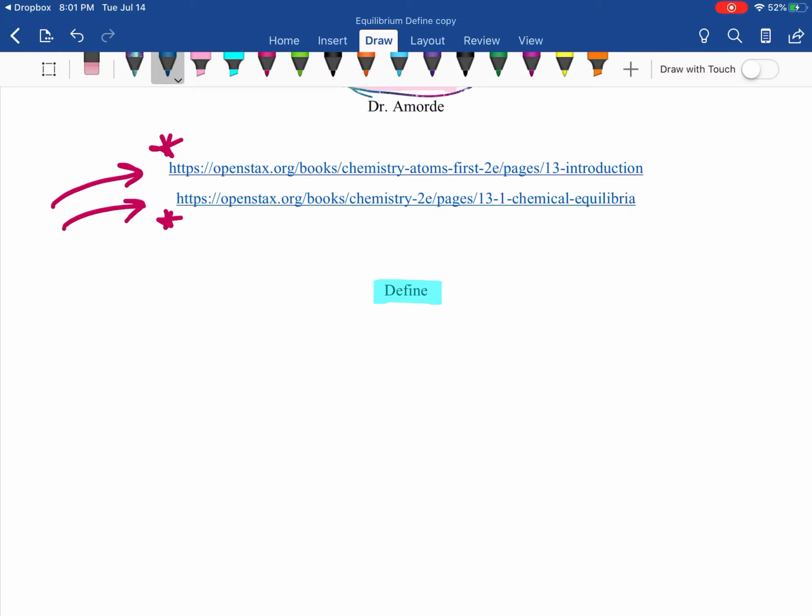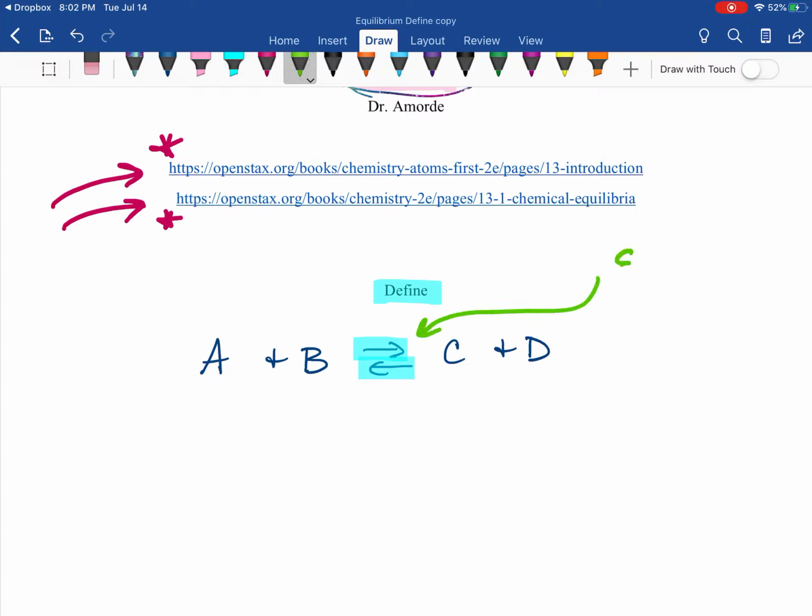So let's picture a generic reaction, like we would write it in our kinetics section. We looked at maybe just a generic A plus B, and what if we make C plus D? All right, you'll notice right away I used a different set of arrows. These arrows are representative of equilibrium.